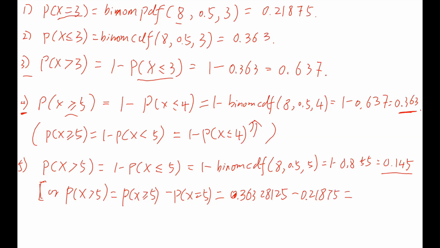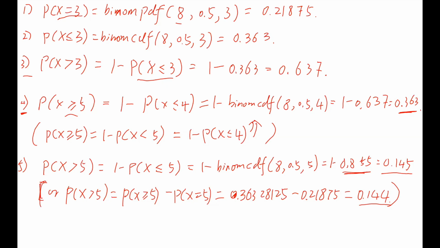Okay, so you take the difference of 0.36328125, and you round it to 3 decimal places. Okay, I got 0.144 instead. But this is a rounding error. If you do this more accurately, then it should be good.